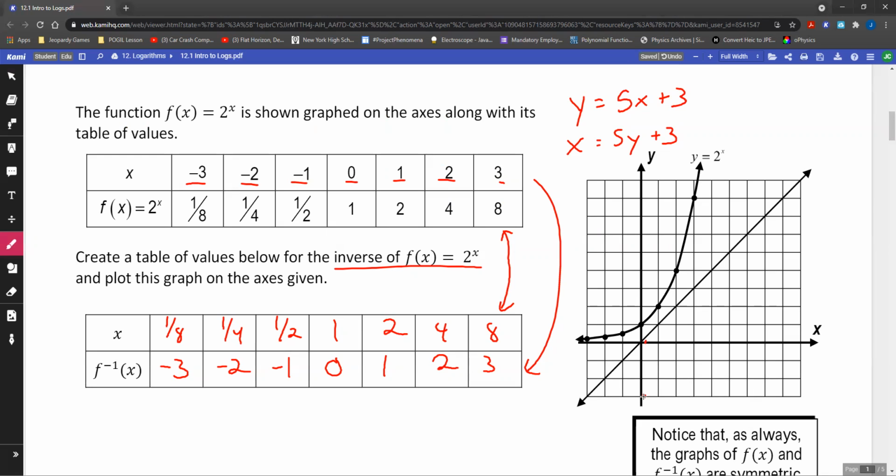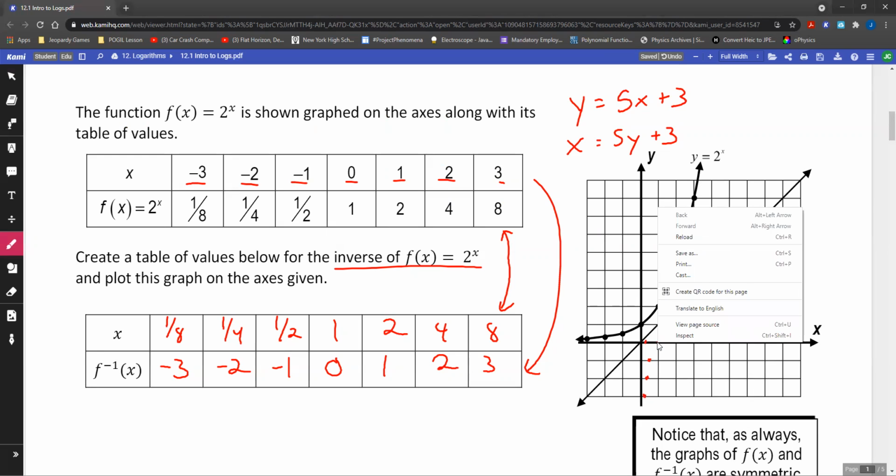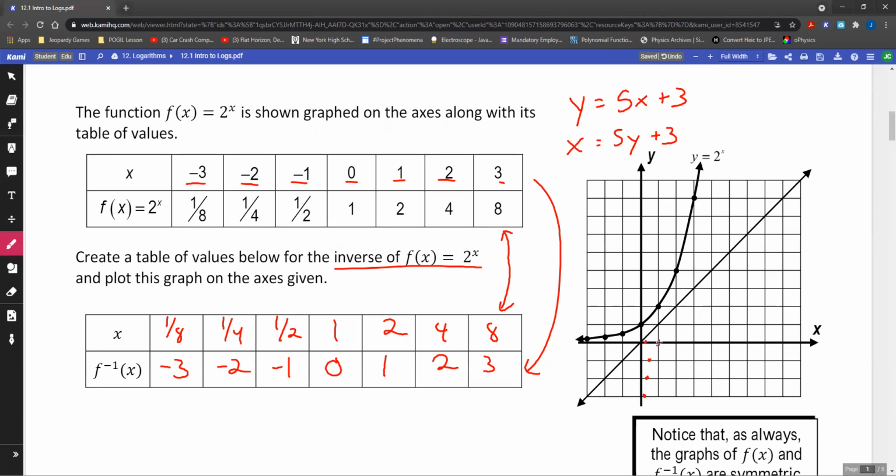Afterwards, I go to 1/4, -2. 1/2, -1. 1, 0. 2, 1. 4, 2. 8, 3.